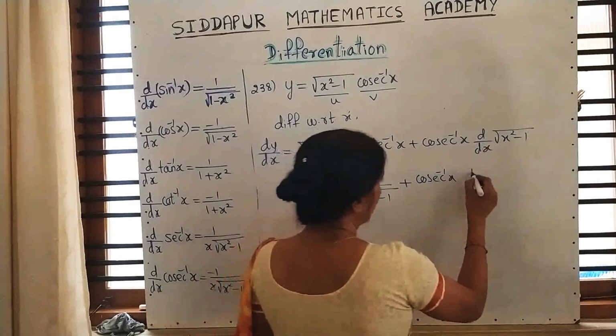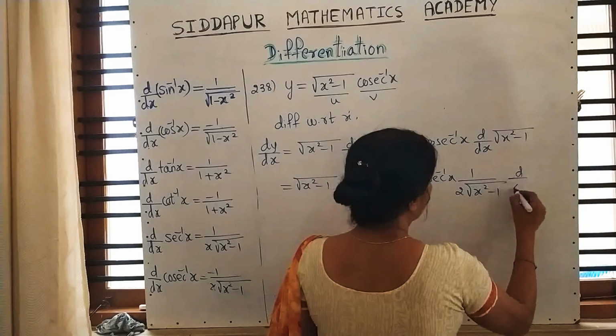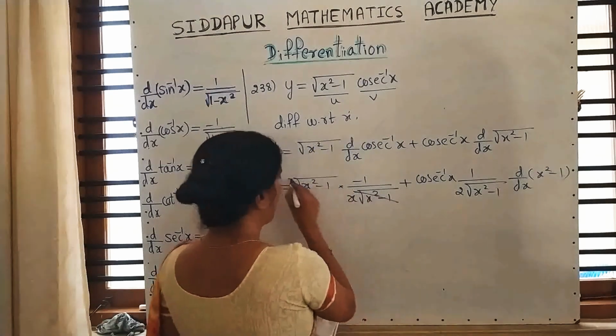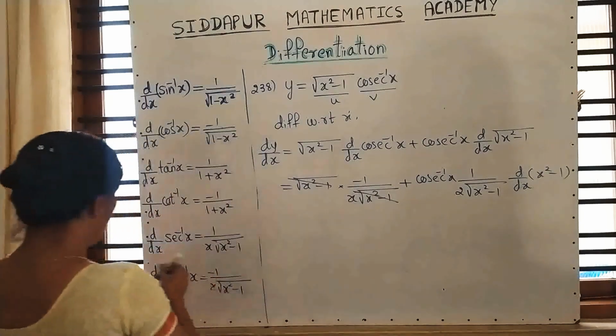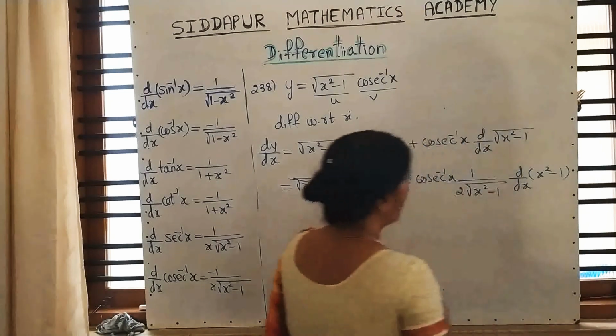And here as usual first we have to differentiate the root, then differentiate the inside term. Here root x square minus 1, root x square minus 1 get cancelled. Yes, what is remaining? Minus 1 upon x is remaining.